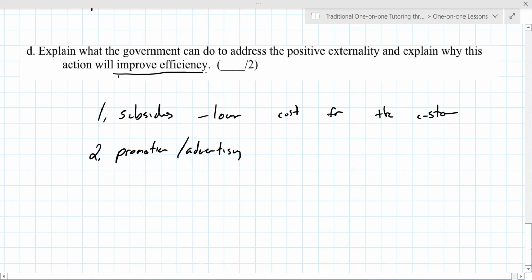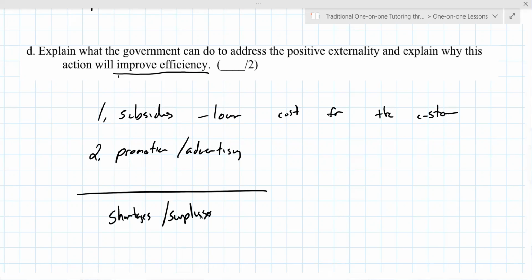It improves efficiency, because you never want supply to exceed demand or demand to exceed supply, because what you don't want is shortages or surpluses. We saw that at the beginning of COVID. Once the vaccines were out, there were shortages. They didn't have enough to go around.